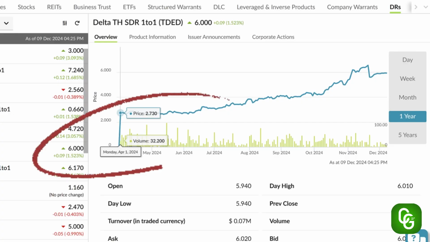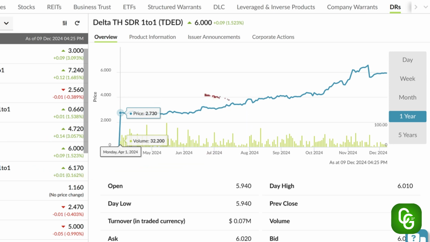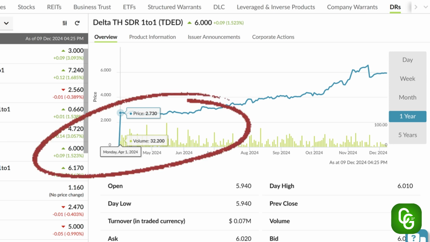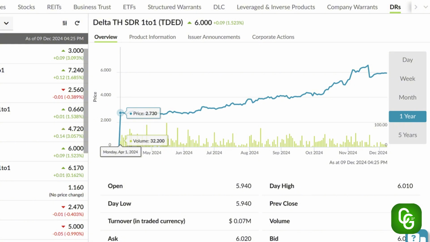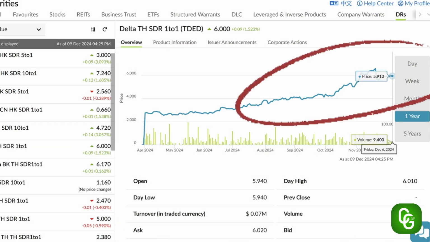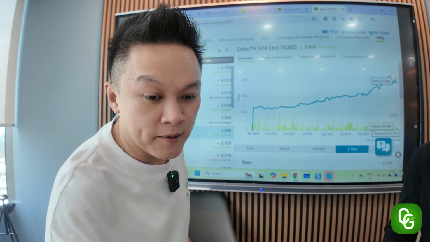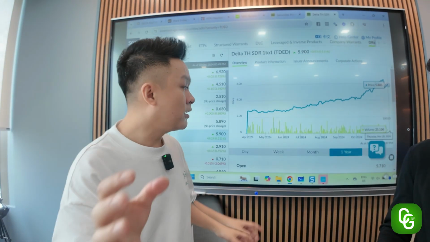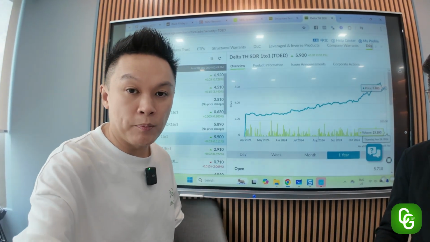From April, it was $2 something, $2.78. And now it has gone up to $5.58. If you put the mouse over, you can see the chart.